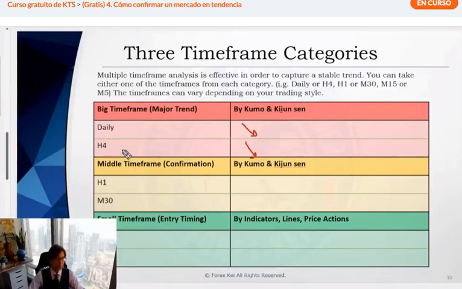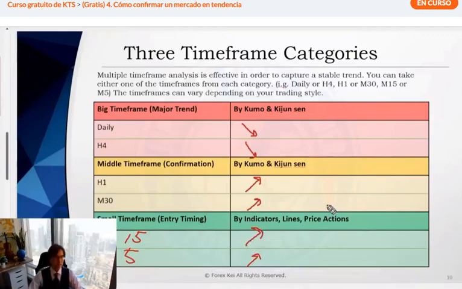But what if the lower time frame is retracing back when you are about to sell? Let's see if 1 hour is up or 30 is up. And if 1 hour or 30 is up, that means M15, sorry, this is M15, this is M5, so most likely M5 is up and M15 is also up.